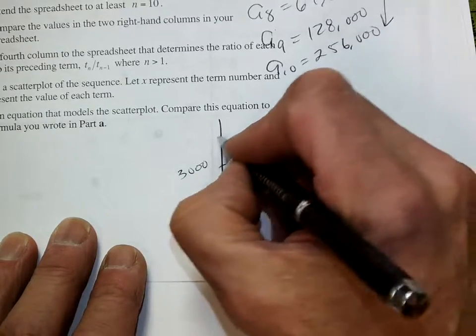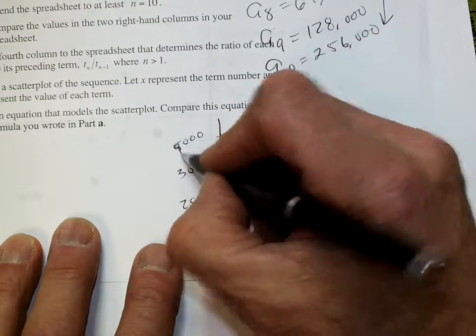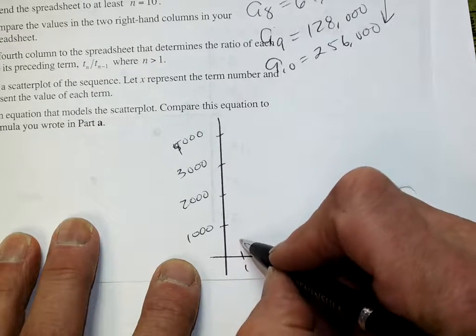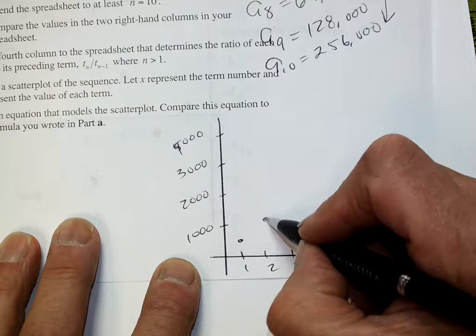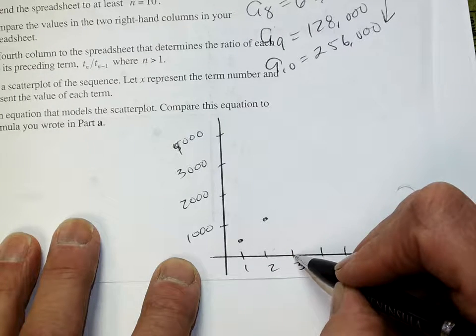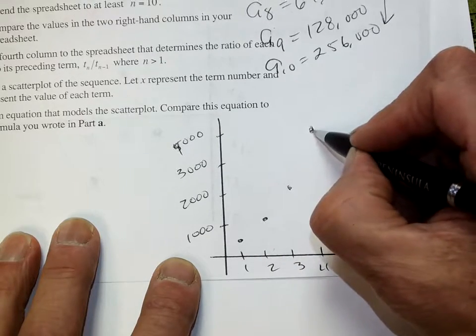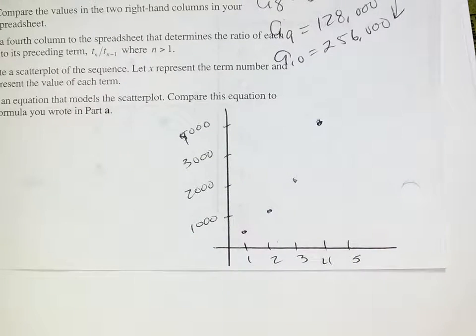I know I'm going to be way off. I'm not going to get them all on here at all because it gets big fast, doesn't it? Right? 4,000, 5,000. So the first term was 500. Second term was 1,000. Third term is 2,000. 4,000, and of course, I like to ask Zoe. I always pick on poor Zoe because she always has the right answer.